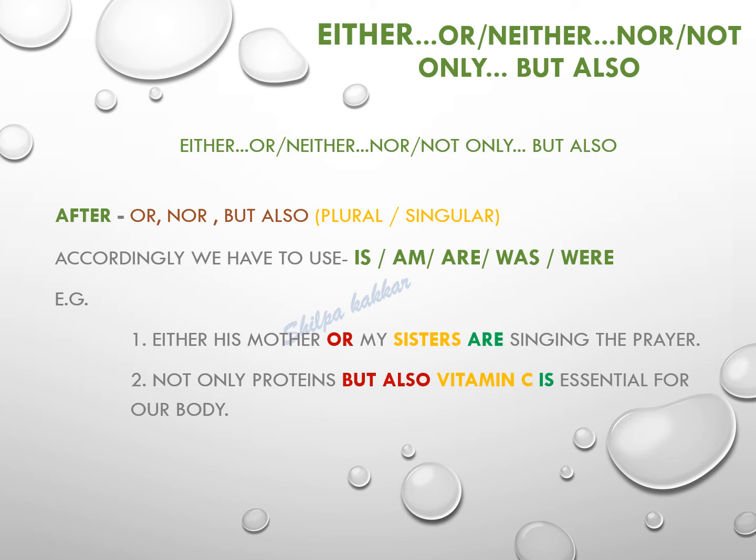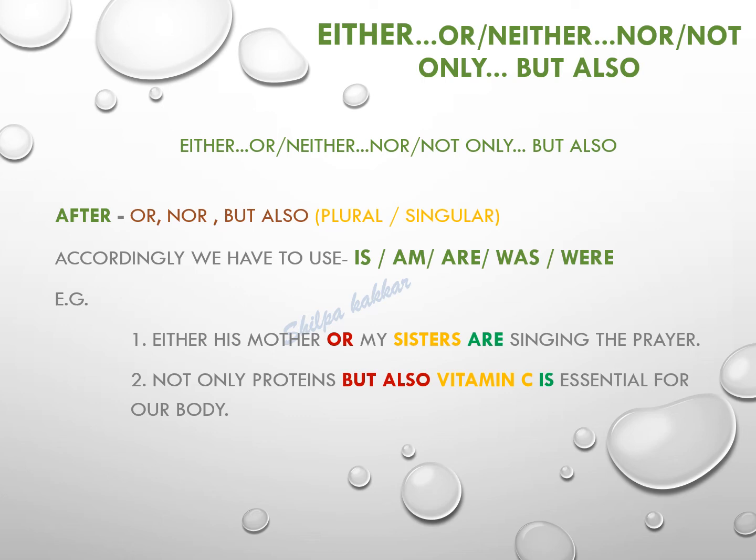Let us see the examples of either or, neither nor, not only but also. Here, we have to be very careful that when the sentence is there, we are going to use singular or plural only after seeing the words or, nor, but also. We are talking about either or, neither nor, not only but also.